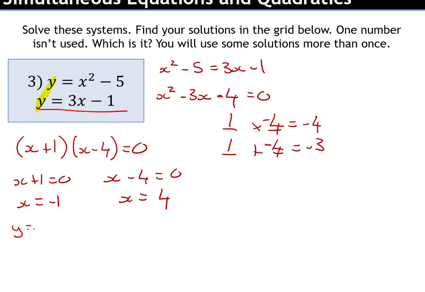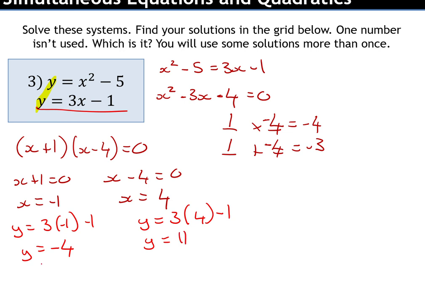So y is equal to 3 times -1 take 1, and y is equal to 3 times 4 take away 1. 3 times -1 is -3, take 1 is -4, and the last one is 3 times 4 is 12, take away 1 is 11. So that gives me x is -1, y is -4, and x is 4, y is 11.